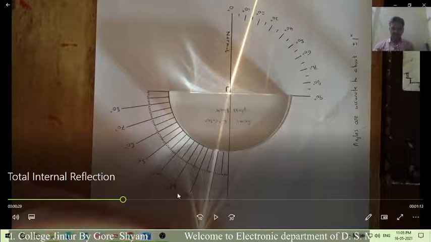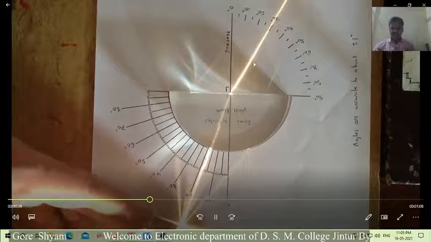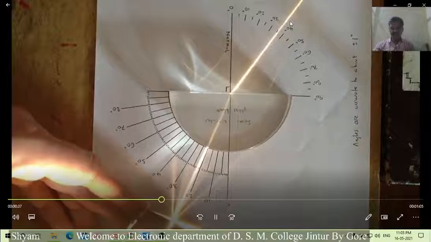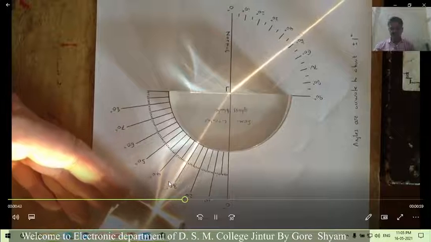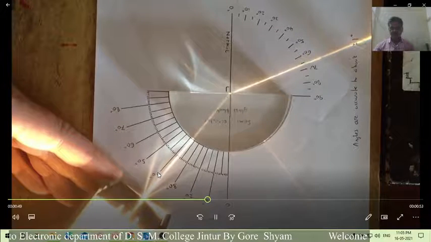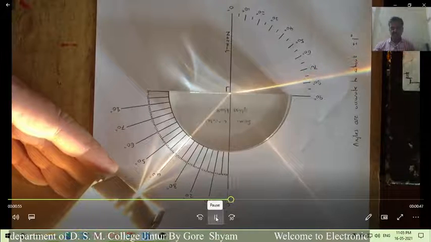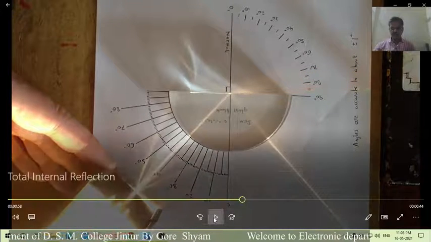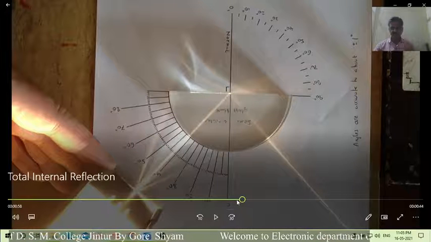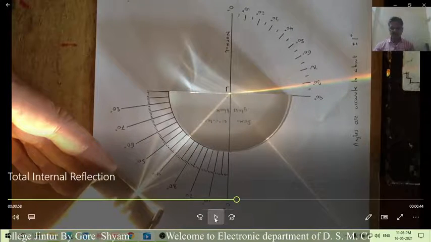Now let us increase these angles. When we increase this angle, the refracted ray has more and more bending. Now this is 30 degrees, 40 degrees, now 45 degrees.